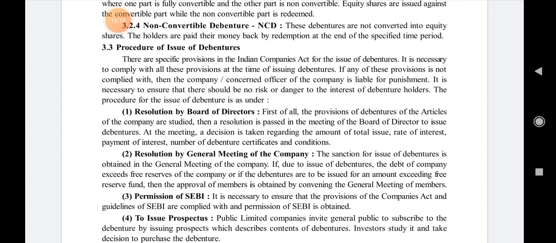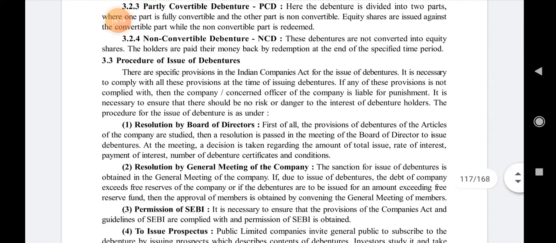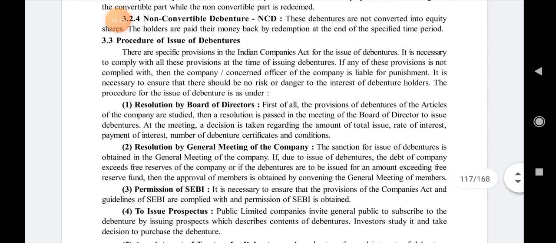If any of these provisions is not complied with, then the concerned officer of the company is liable for punishment. If any kind of rules are not complied with or not observed, at that time the company's officer or the company itself can be punishable.